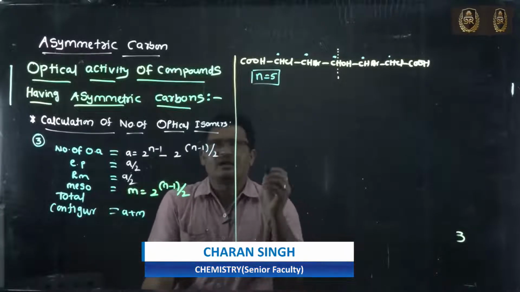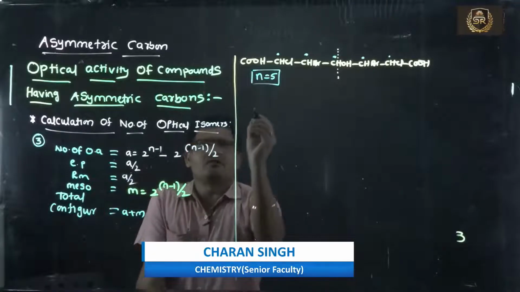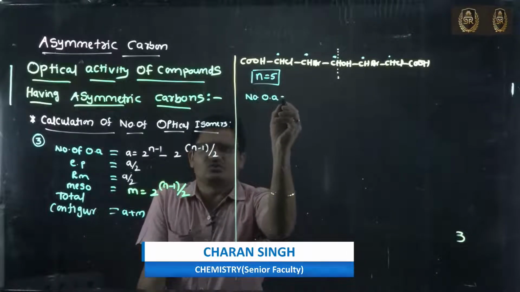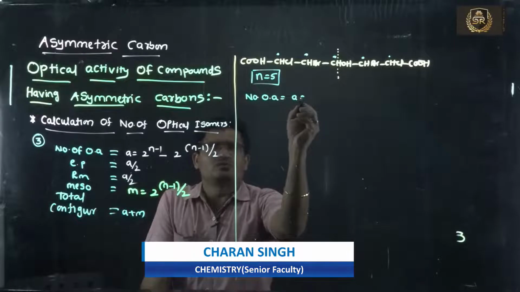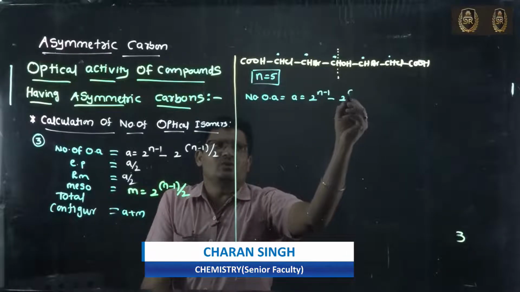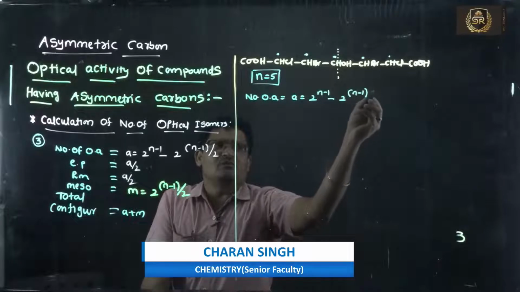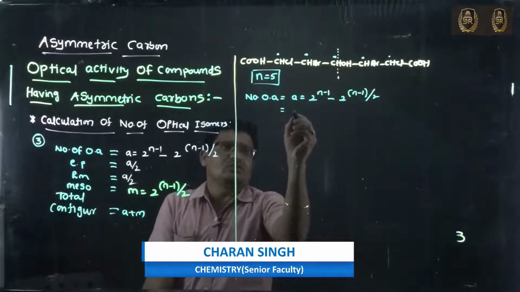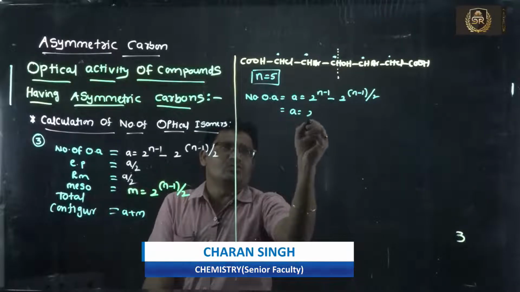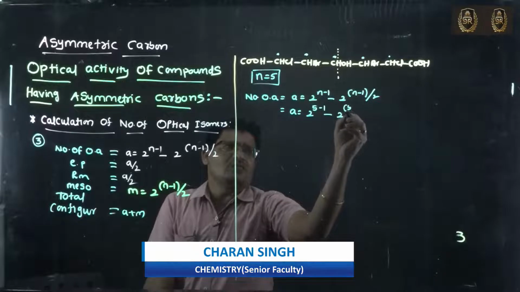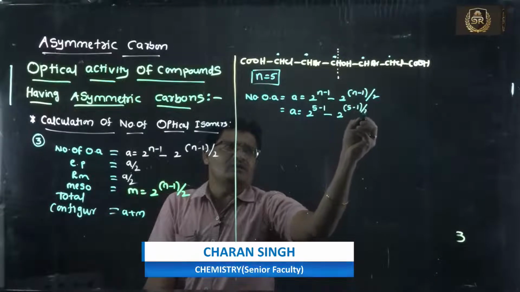Number of optical active isomers, now the formula: A equal to 2 power n minus 1 minus 2 power n minus 1 by 2. So that's why n equal to 3 means A equal to 2 power 5 minus 1 minus 2 power 5 minus 1 by 2.